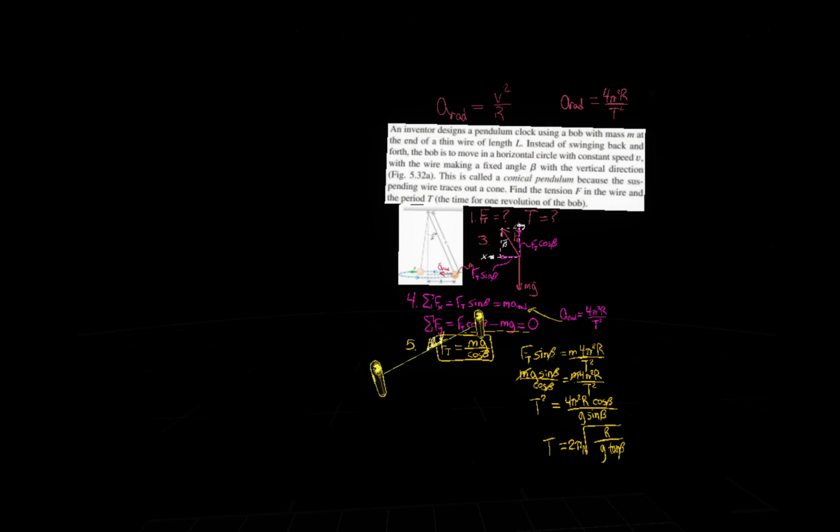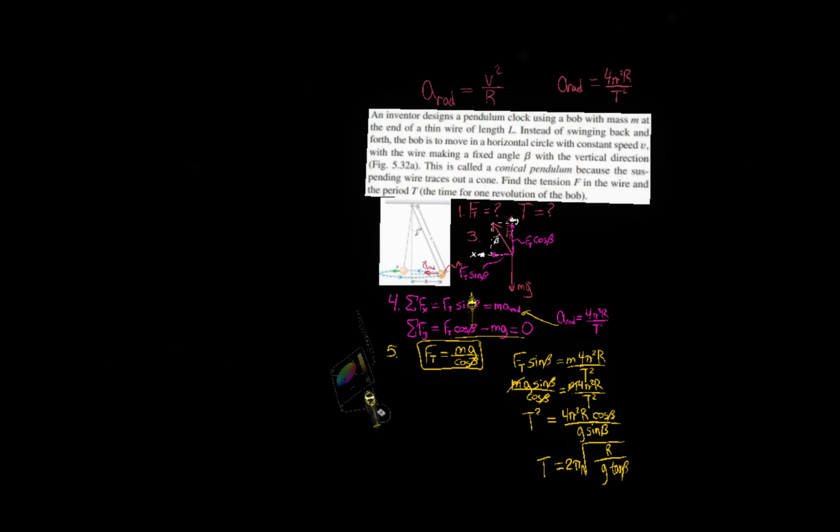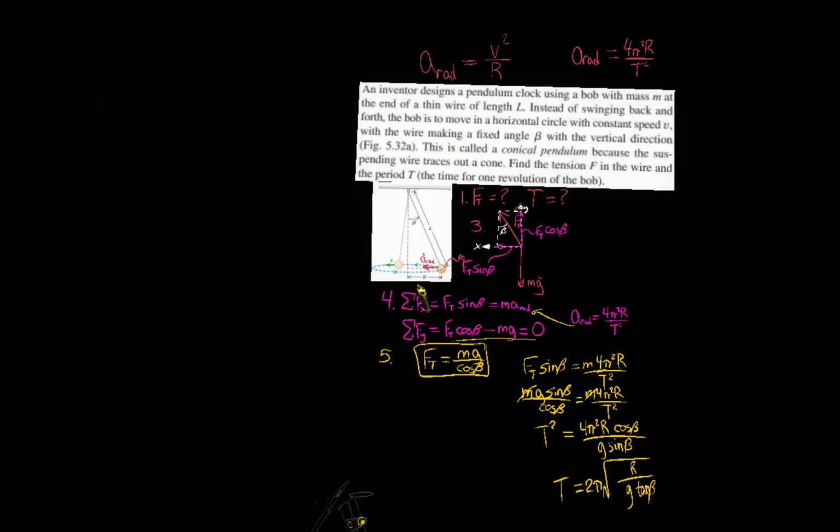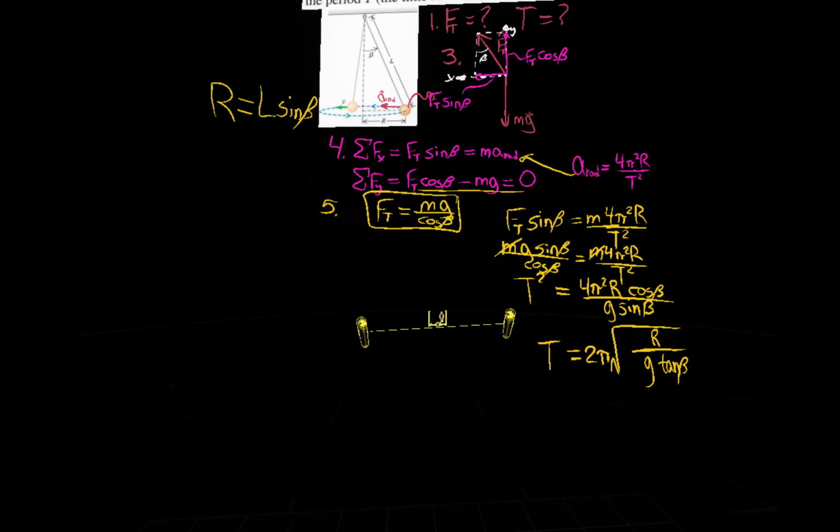So if you look here, we can express r in terms of L if we want to. R is equal to L sine beta, right? L is the hypotenuse. So L sine beta.